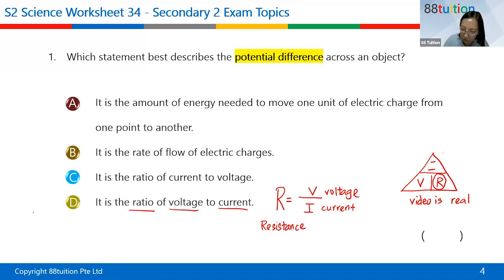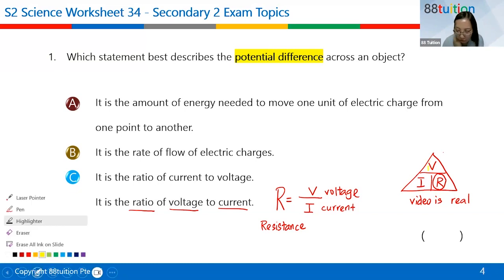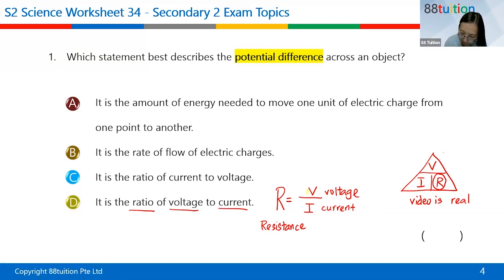I always write from the top. Video is real starts from the top. So if I want to find resistance, I will take voltage divided by current. That will help me find resistance.